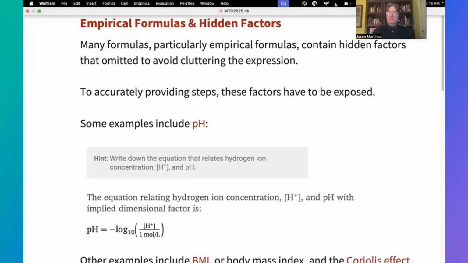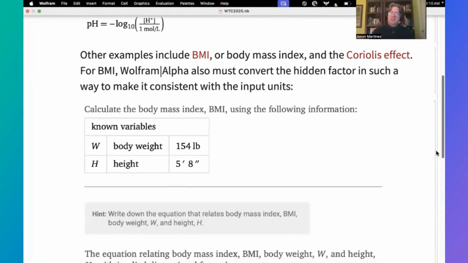So hidden factors are basically little hidden conversion factors that exist in formulas, particularly empirical formulas, that are usually omitted in the classic version of the formula to avoid cluttering up the expression. If I can just skip ahead here for a moment, the big example here is BMI.